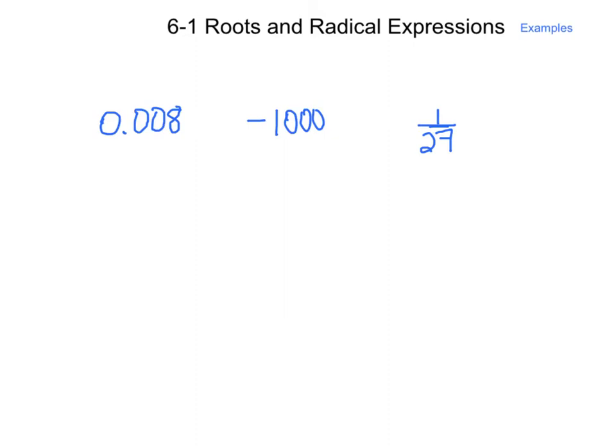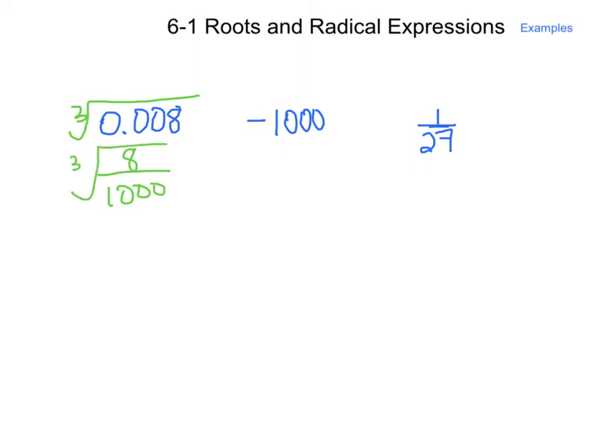When you find the cubed root of a number, we need to find a number that will multiply times itself again to give us the radicand. Here, for 0.008, it is again easier to convert to a fraction first. We will get 8 over 1,000.